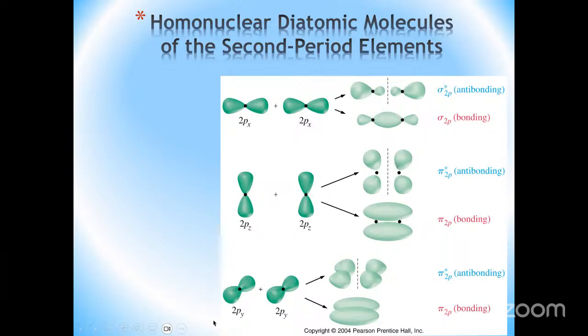And we have a similar situation when it comes to the 2py orbitals. Again, you're going to have the bonding pi orbitals and the anti-bonding pi orbitals. So basically, as it pertains to the p subshell, you're going to have the formation of bonding and anti-bonding sigma orbitals, and then, if necessary, you're going to have the bonding and anti-bonding pi orbitals, two of them, here and here, all right?